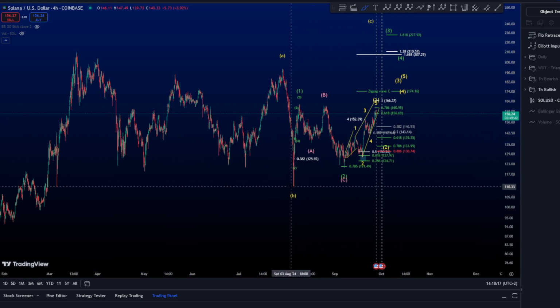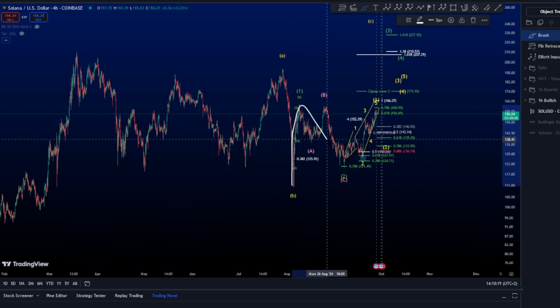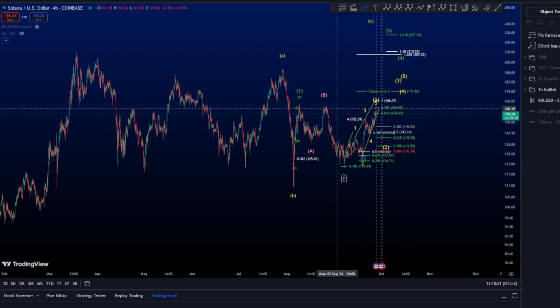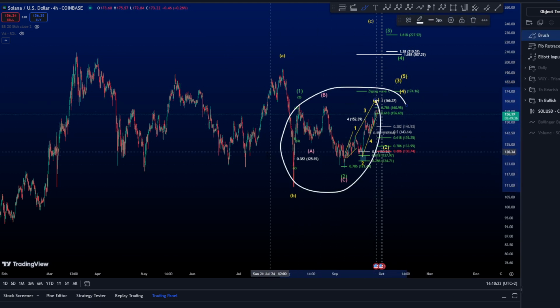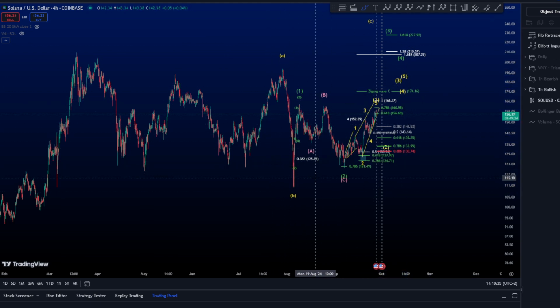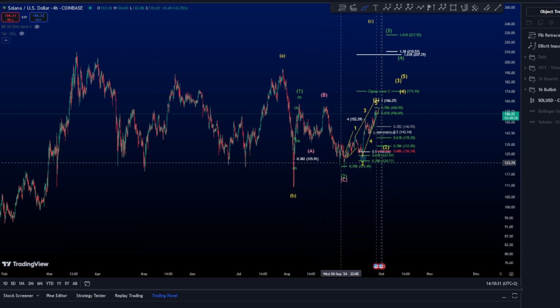Your expanding flat can only be in a diagonal, right? However, the formation of this price action sets us a little far from being a diagonal. Therefore, it has a low possibility.